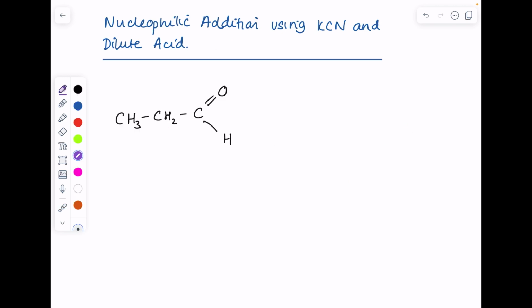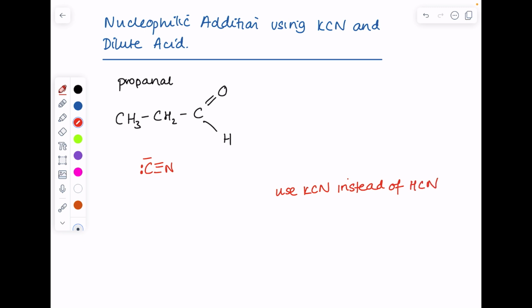Okay, so here's our aldehyde to begin with. This is propanal. It's got 3 carbons. Our nucleophile in this case is the cyanide ion. There's the all-important lone pair. Just be aware that we use KCN to produce our cyanide ion instead of another option, which is HCN.